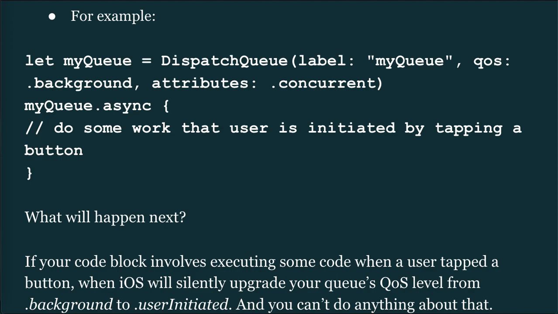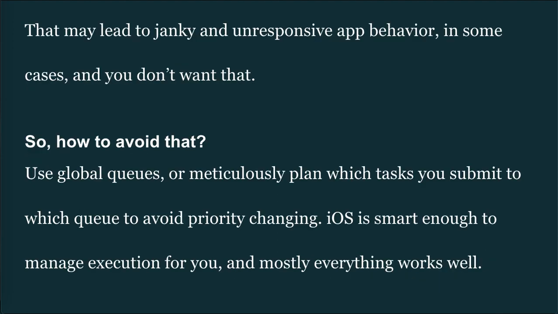What will happen next? If your code block executes some code when a user tapped a button, iOS will silently upgrade your queue's level from background to user initiated, and you can't do anything about that.